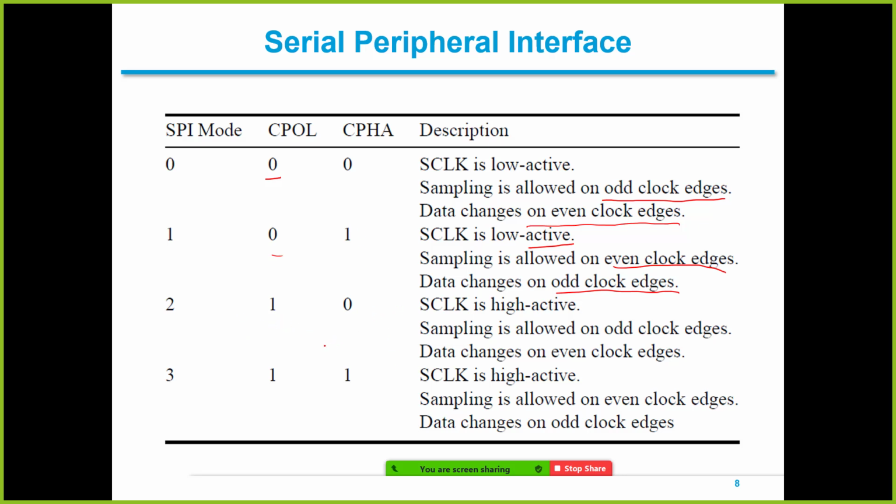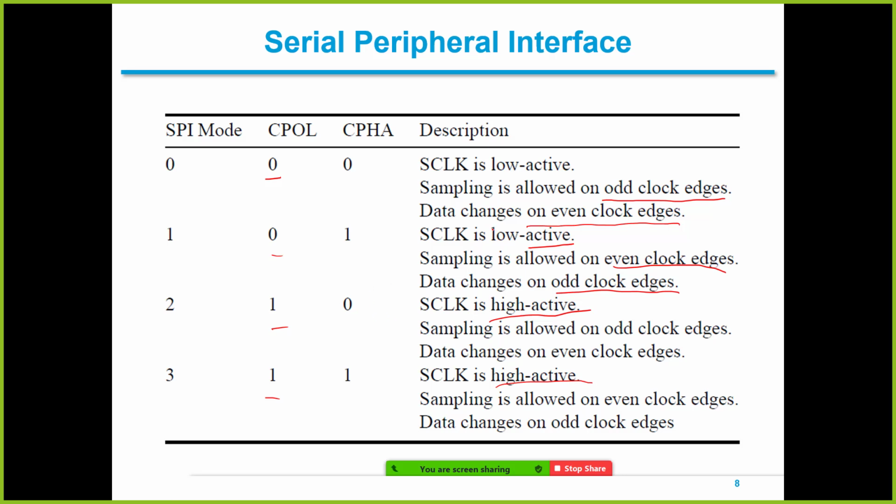For the other 2 modes, the clock polarity is 1, so the clock signal is high active. With different values for the clock phase, we determine whether it's an odd edge or even edge to do the sampling, and which edge the data changes on.